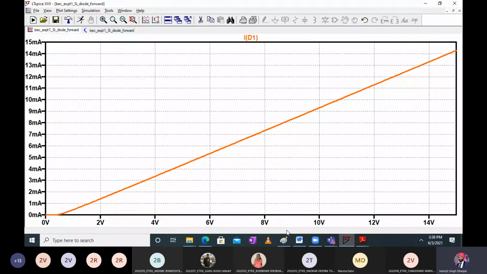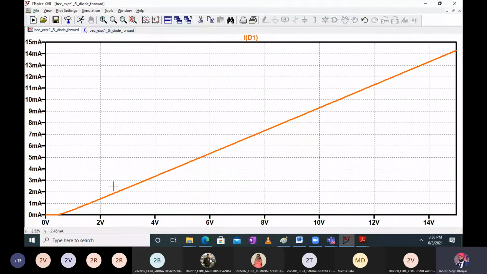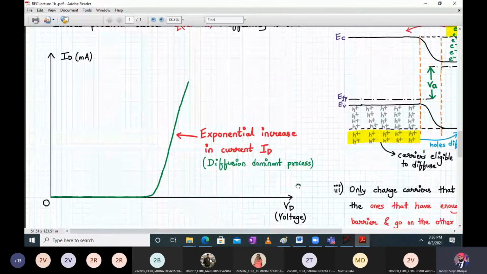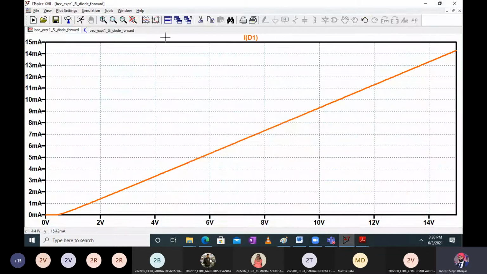Yes, yes, it is V1, the supply voltage. So this graph is of supply voltage versus diode current. It is not diode voltage versus that. Okay, so we want a graph of diode voltage versus diode current, which will give you the exponential nature like this. Understanding? So now before doing that, let us write some formalities.